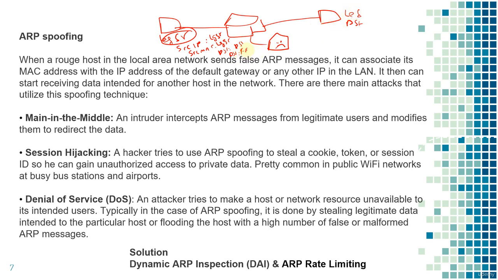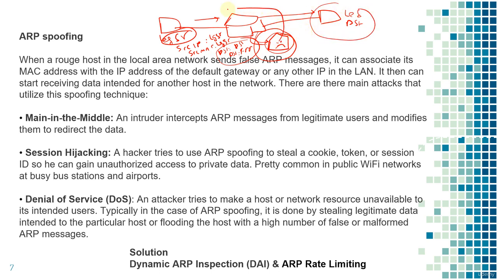So when this ARP request is sent, it is going to be received by this one and also the attacker. When the reply goes back, the attacker, instead of the real destination IP and destination MAC, replies back to the victim on behalf of this legitimate destination.